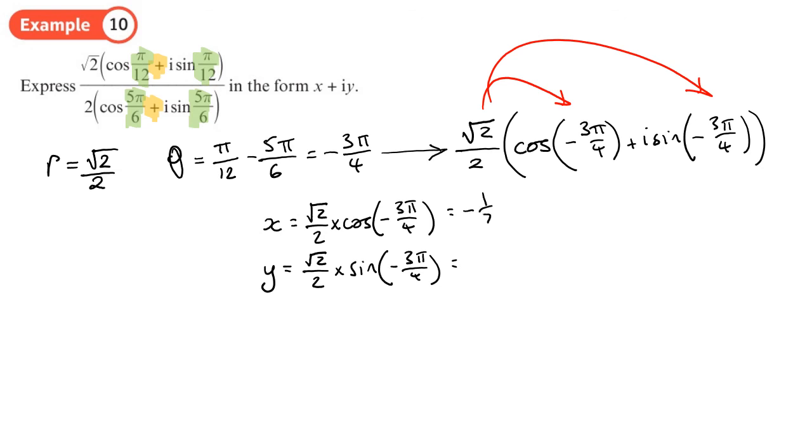Now to save time, what I'm going to do is scroll back and just delete the cos and change it to sine. I think I can do it. Can I do that? Oh, unfortunately I can't. I've got to type the whole thing in again. You can't just delete cos. Right, so times sine, and then same thing again, negative 3 pi over 4.